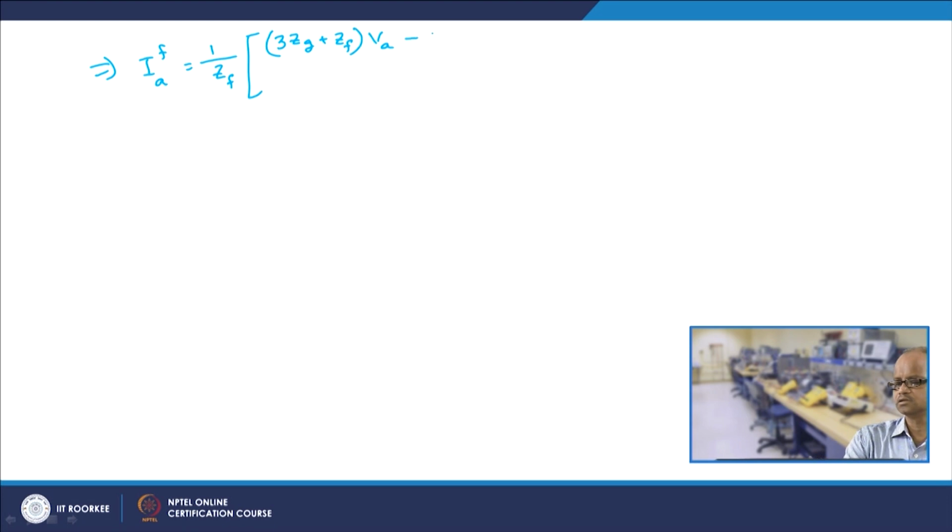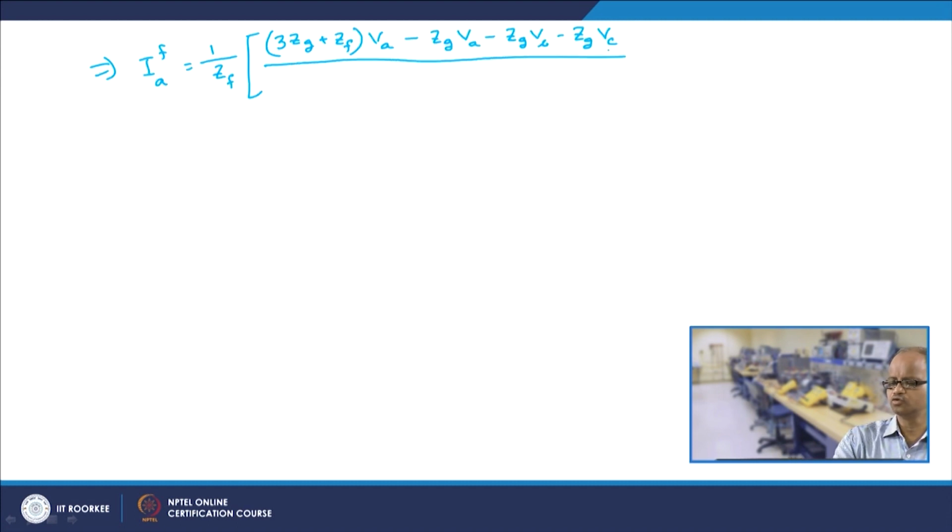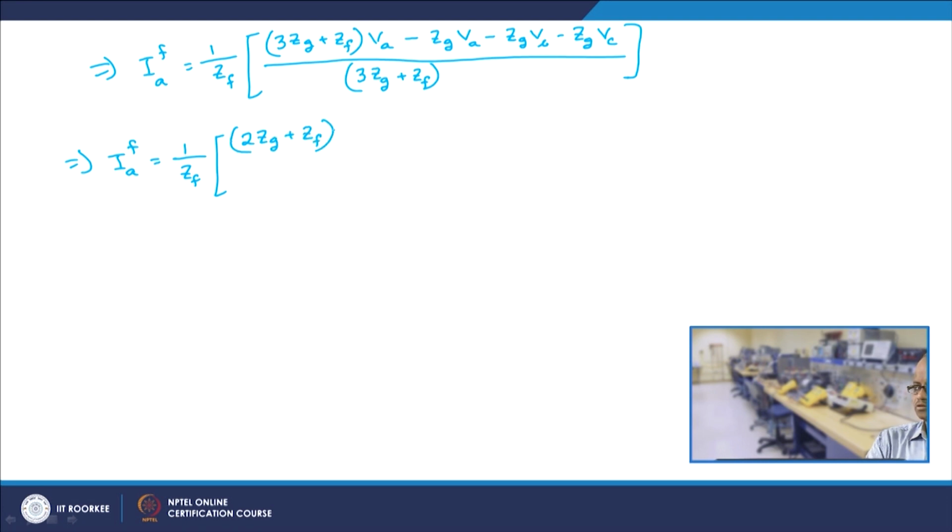Then IAF would be 1 by ZF into [(2Zg plus ZF) VA minus Zg VB minus Zg VC] by (3Zg plus ZF).